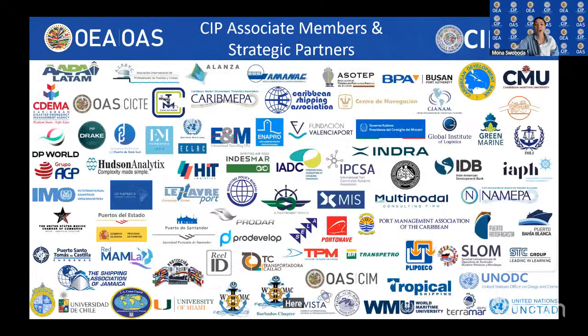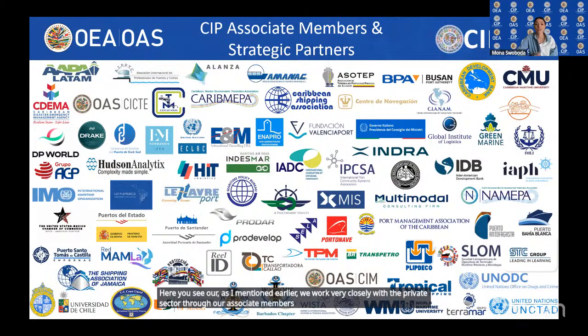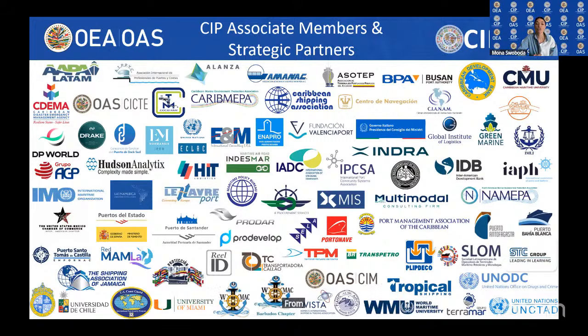Here you see our, as I mentioned earlier, we work very closely with the private sector through our associate membership. And you can see here our partners, associate members, and strategic partners that we have. You will see that the profile of the membership is very broad, from development banks to universities.